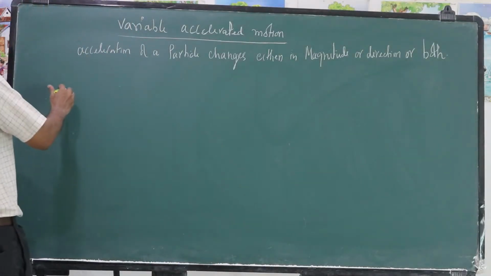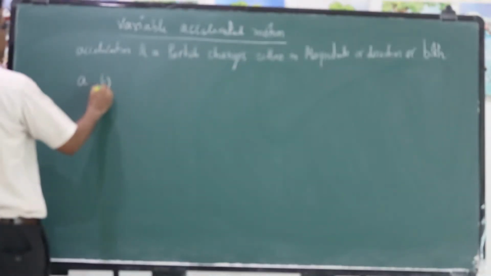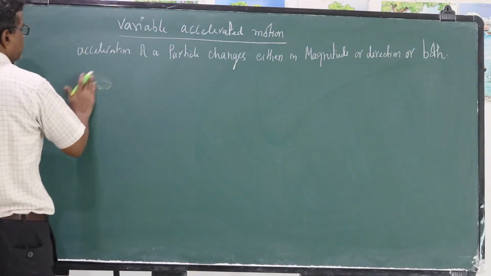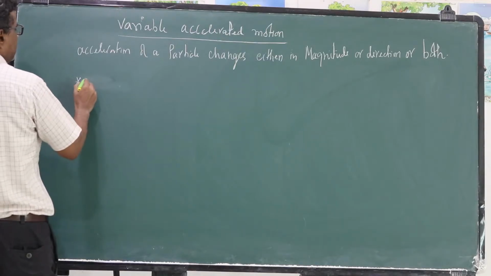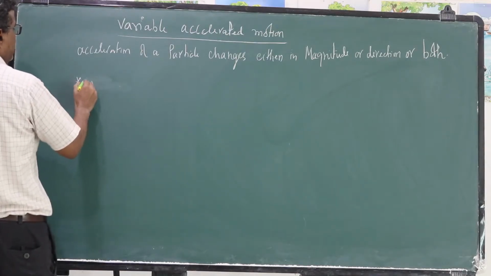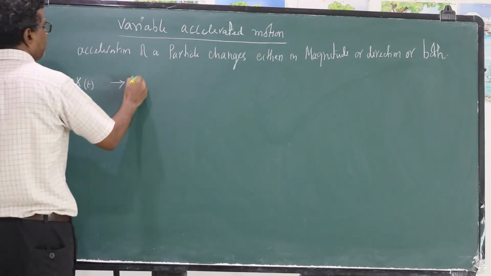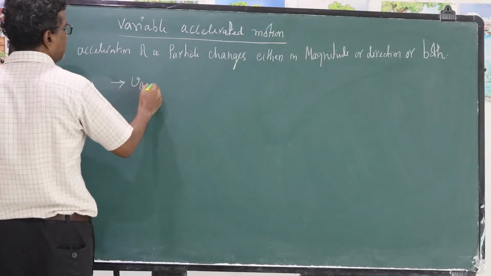So in variable accelerated motion, suppose the displacement is given as a function of time t, and then you need velocity. You will get a function of t.